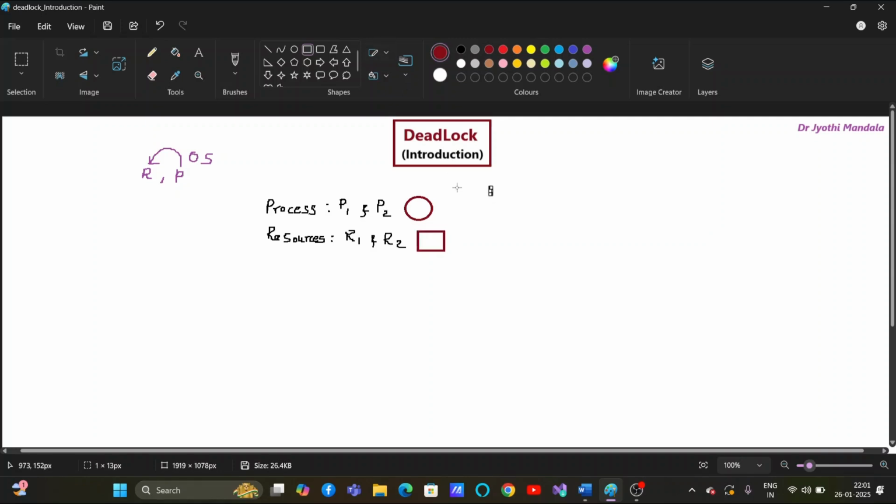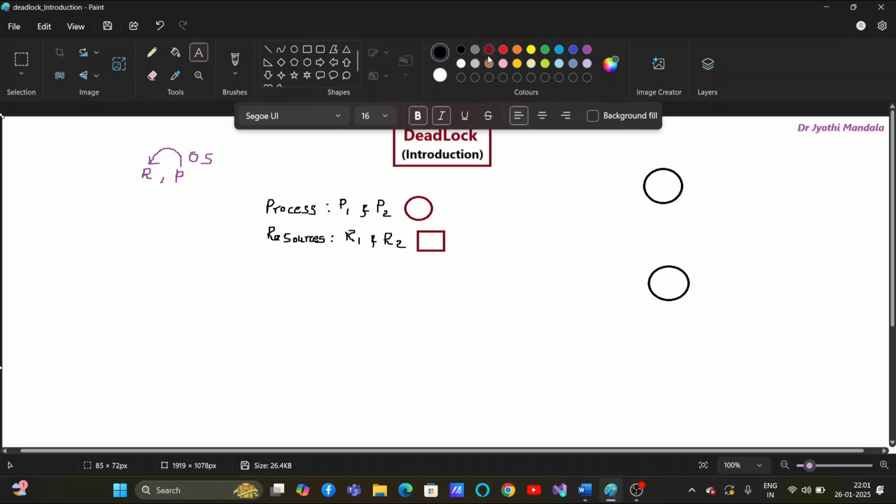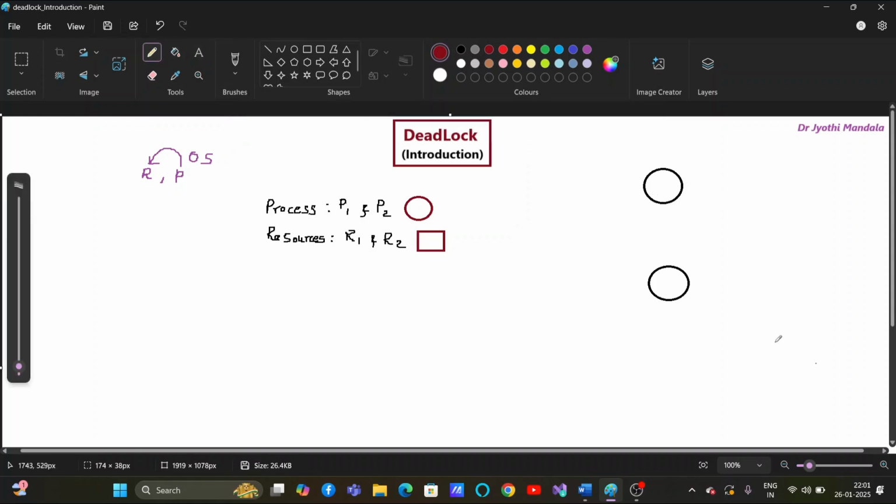Let us consider two processes in our example, P1 and P2, represented with circles. So this is P1 and this is P2.